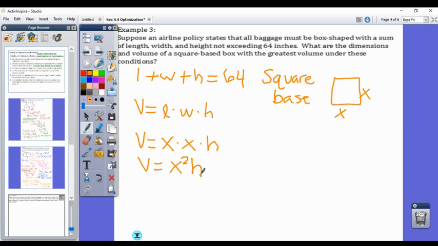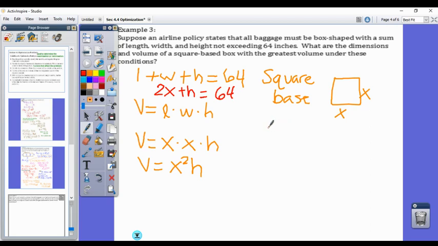Okay? So the other thing that I knew from the beginning was that my length, my width, and my height added together had to give me 64. Well, since I know that my length and my width are both x, I could say x plus x, so in this case, 2x plus h is 64.